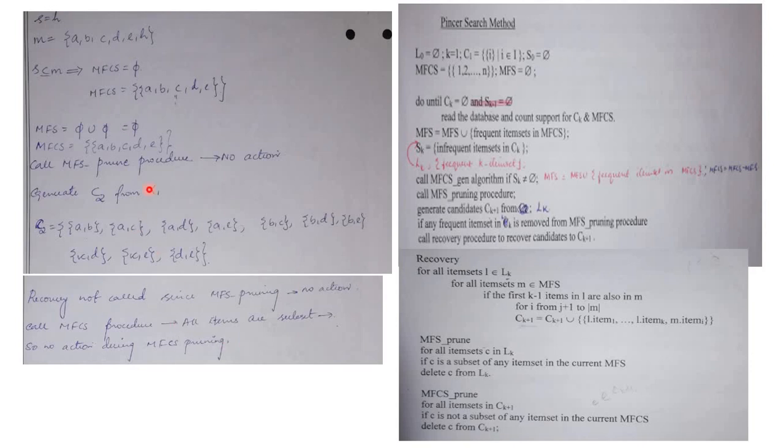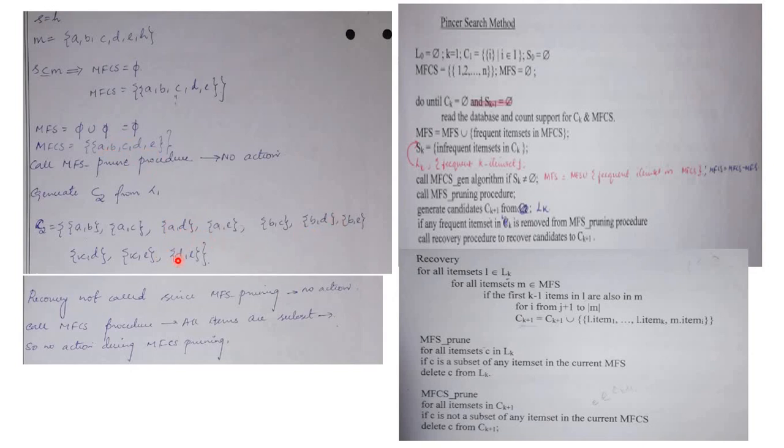So if you check here, AB, this is my CK, C2, and I have to check it with MFCS. My current MFCS is ABCDE and this C2 is my current candidate set. So I have to check whether every set here is a subset of this set. AB, yes, it is a subset. AC is a subset, AD is a subset, AE is a subset.